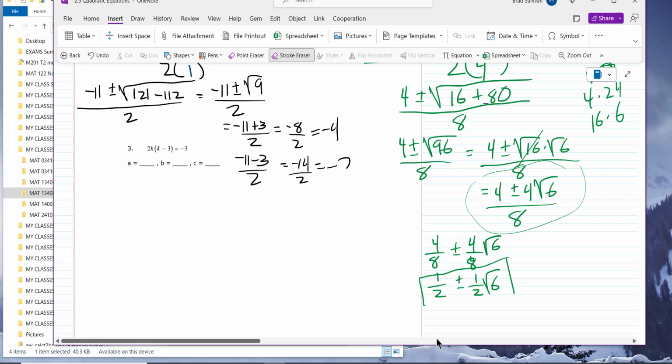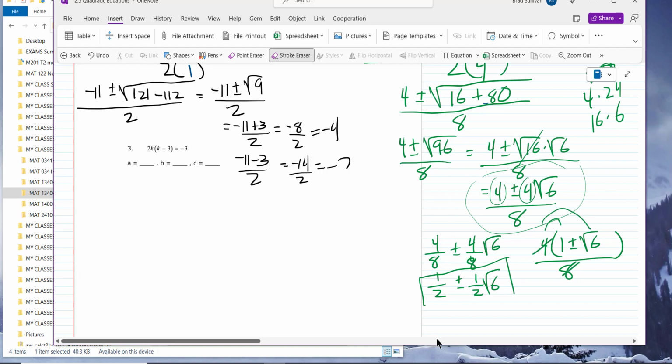Here's an alternative. Sometimes students like this way better. You can also factor a 4 out of the top. If you factor a 4 out of the numerator, you would have 1 plus or minus square root of 6 all over 8. Now you got to convince yourself of what I did. See, 4 times 1 is 4. 4 times radical 6 is 4 radical 6.